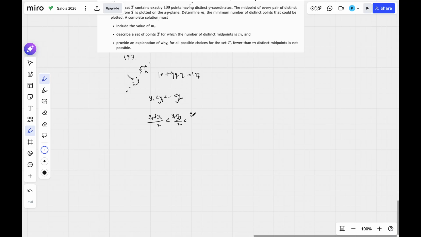So now if we consider the midpoints of the y-coordinates, then we know (y1 plus y2)/2 is less than (y1 plus y3)/2, which is less than (y2 plus y3)/2, and so on.